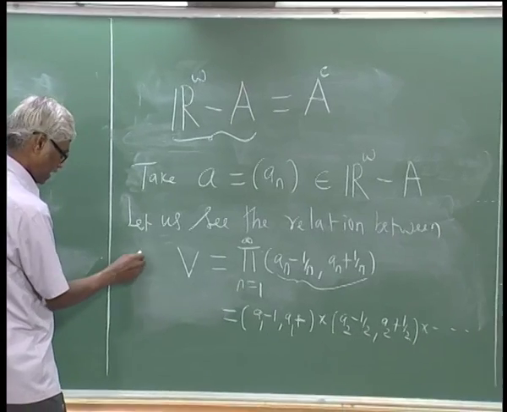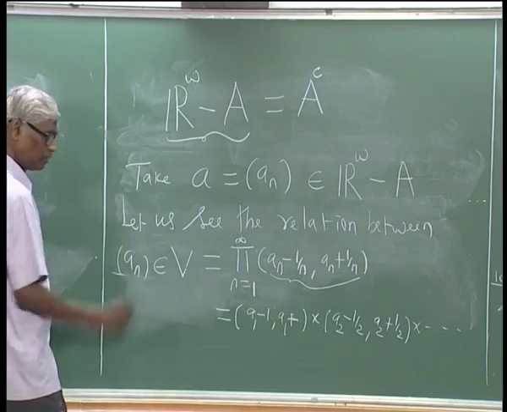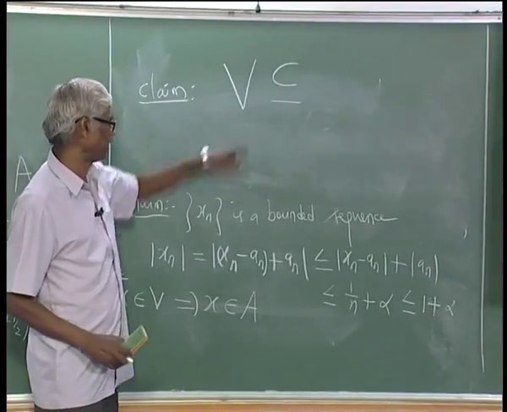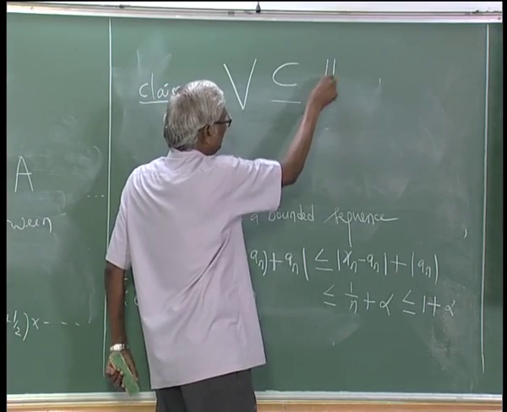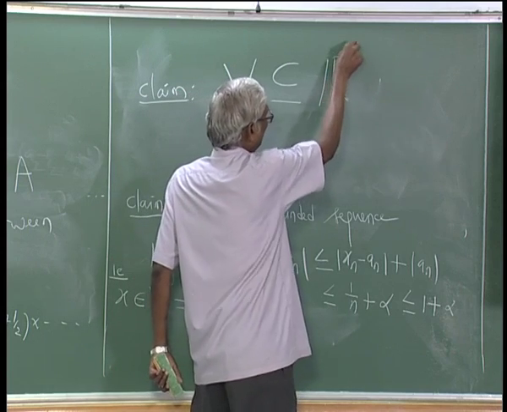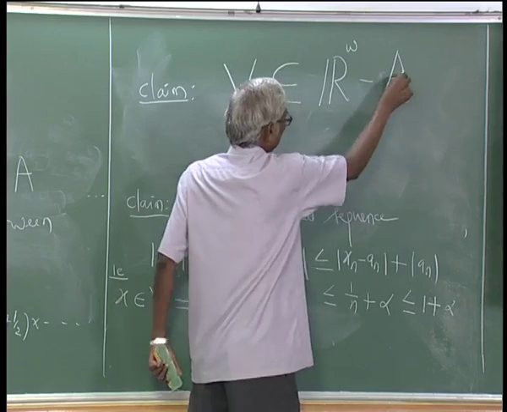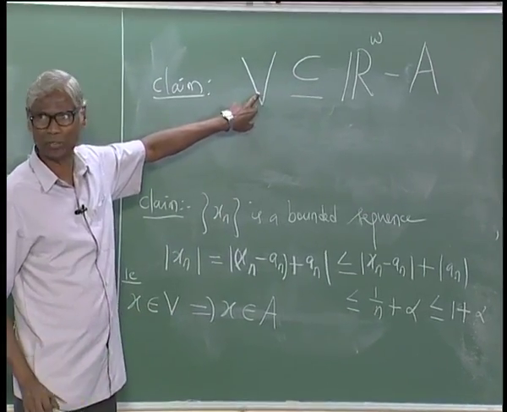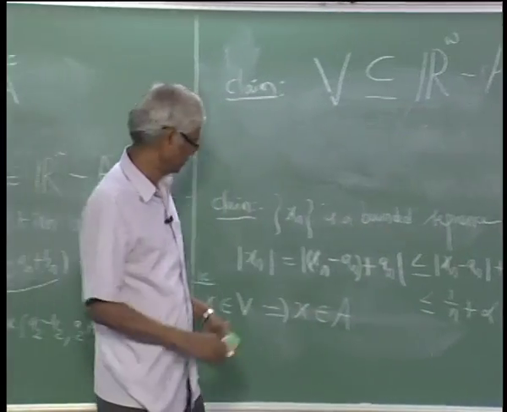So A equal to (a_n) belongs to V. So V is an open set containing A, and we will prove that this is contained in R power omega minus A, meaning every element of V is a sequence, and that sequence is not a bounded sequence.